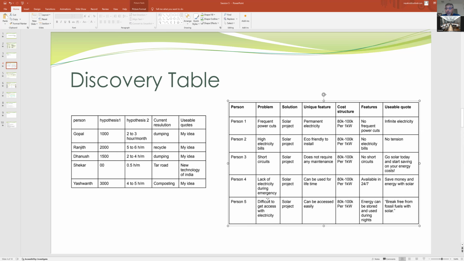You can see a solar project means a lot, means many different things. Are you going to give a fixed unit for everyone? That is one way to go about it. The other way is I will build a solar panel or a solar project for every household.